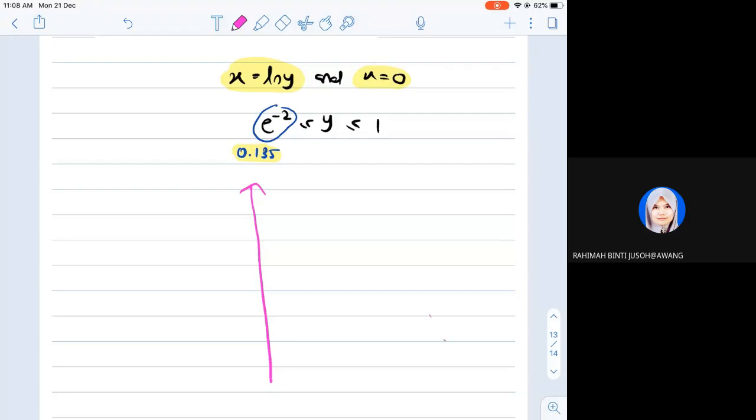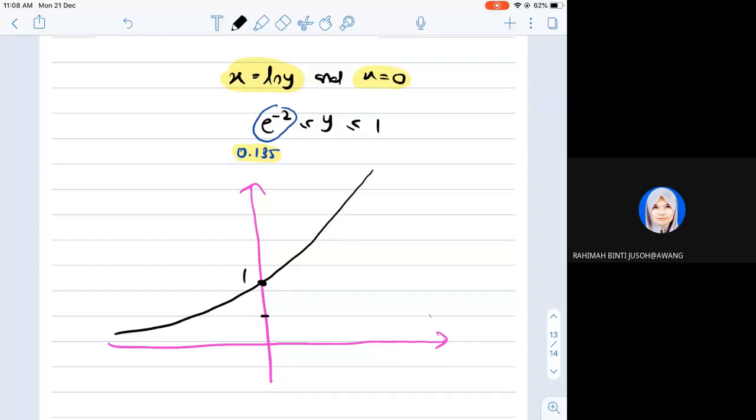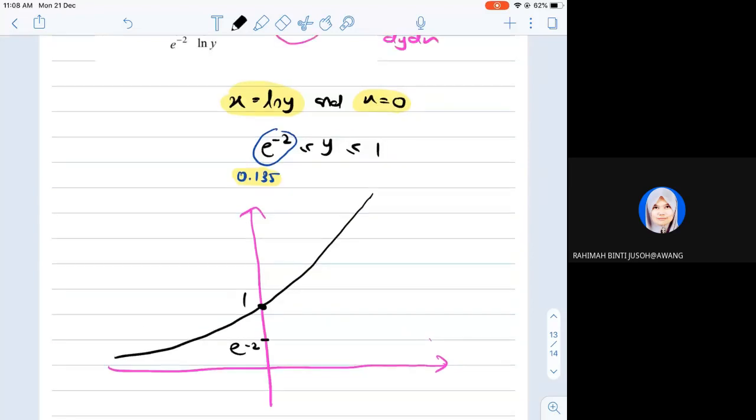Alright, so here. Let's say here is 1 just now, and here is exponent negative 2. Okay. So x equals to 0. X equals to 0 is the y-axis, isn't it?